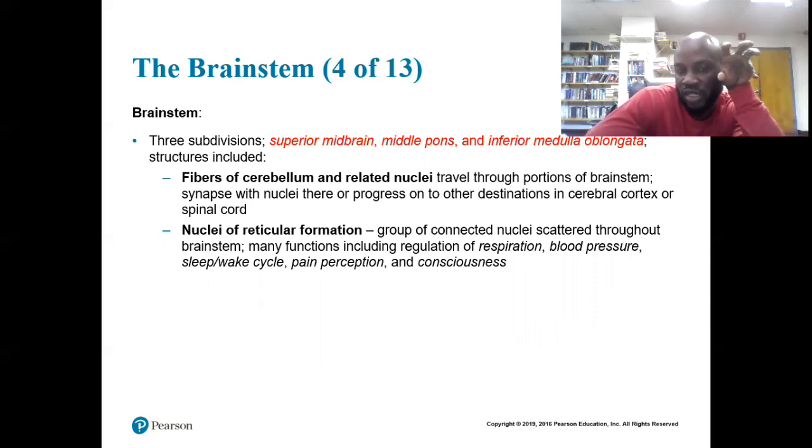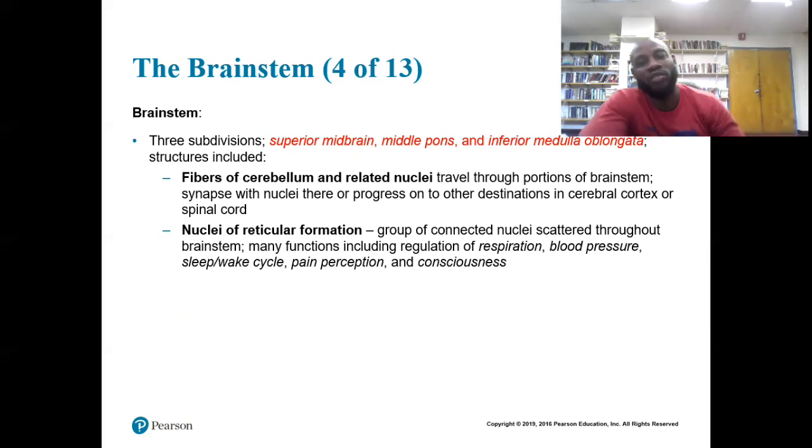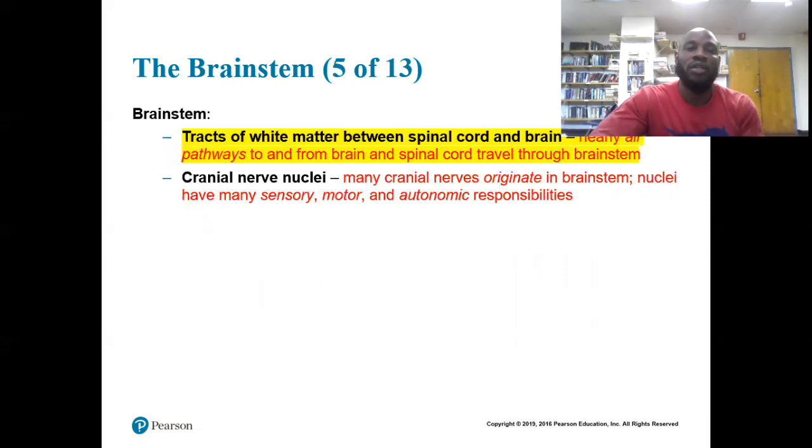So connection between the cerebellum through the brainstem to the cerebral cortex or through the brainstem down to the spinal cord. Nuclei of reticular formation, which is a group of connected nuclei scattered throughout the brainstem. Many functions, respiration, we talked about that, breathing, blood pressure, sleep-wake cycle. Again, we see that, pain perception and consciousness.